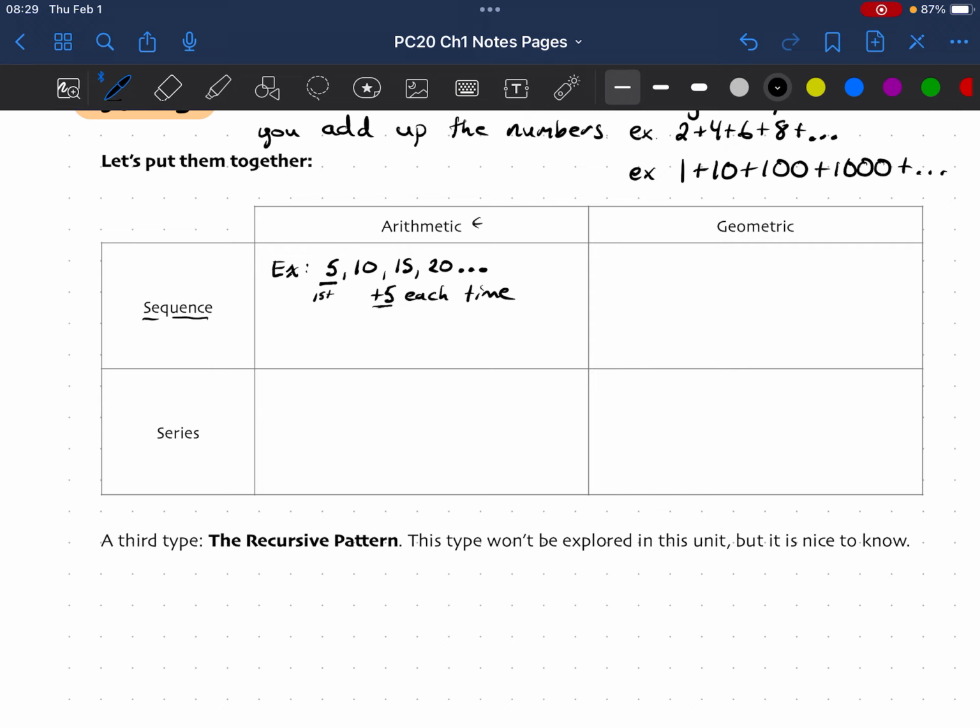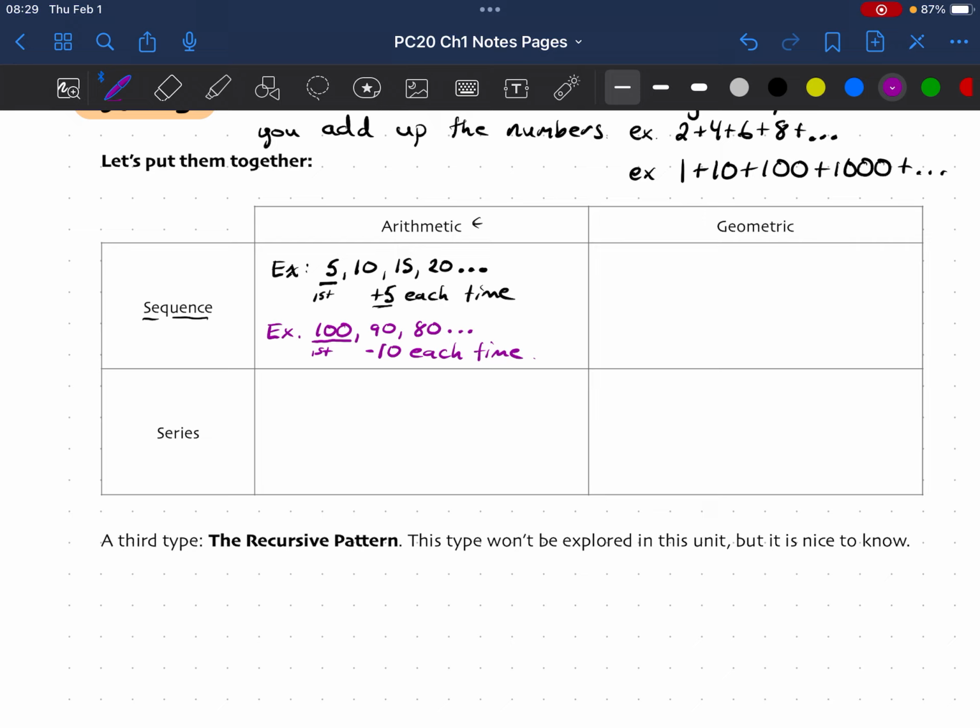Here's another example. I'll just do this other example in a different color so it's easier to see. 100, 90, 80, ... You can see in this one, 100 is our first number, and we are taking away 10 each time. So it's a sequence because it's just a list of numbers. It's arithmetic because we're adding or subtracting.